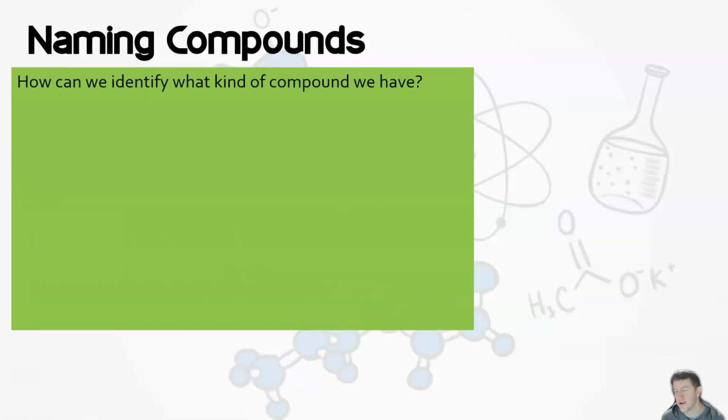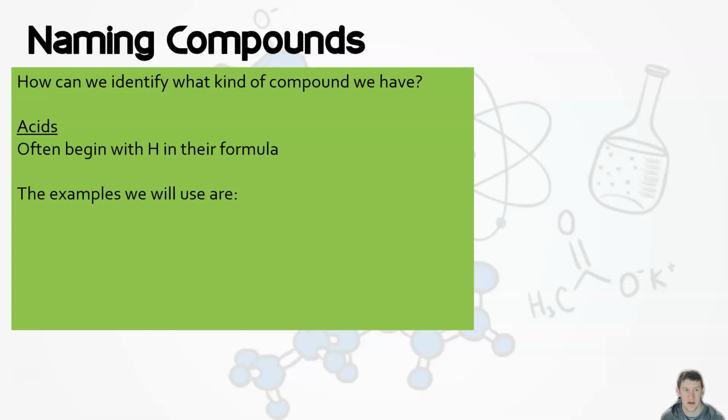So how do we know what kind of compound we have? For example, acids often begin with H in their formula. Some really common examples in our course are HCl, which is hydrochloric acid, so hydrogen chlorine, giving you that hydrochloric. Nitric, so NO3, remember, that created our nitrate.